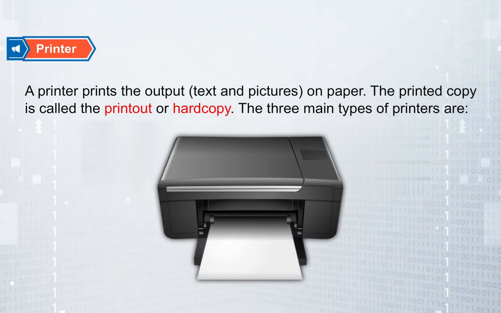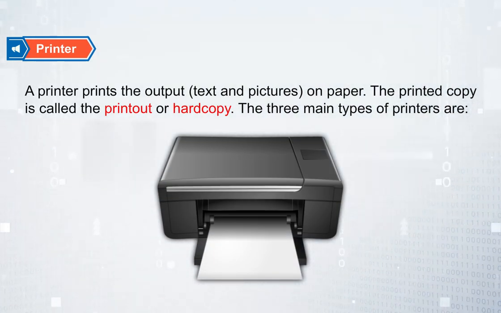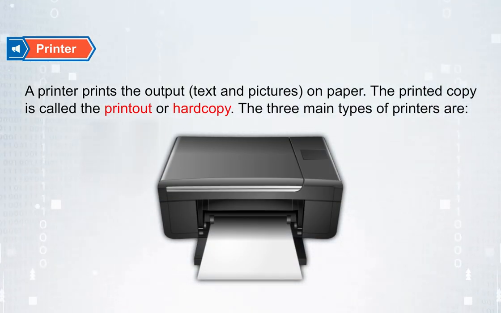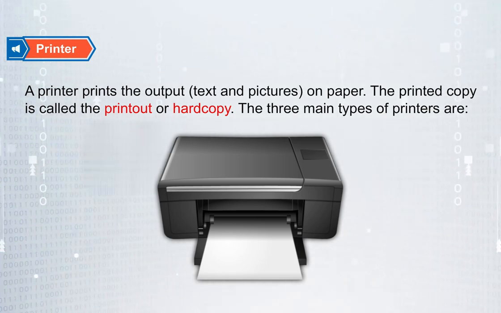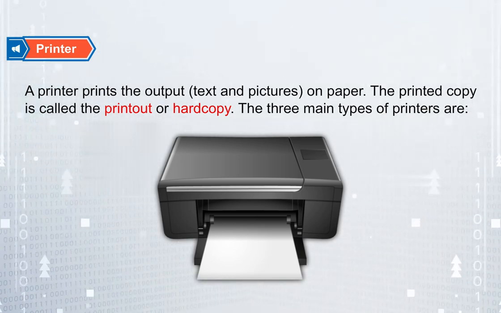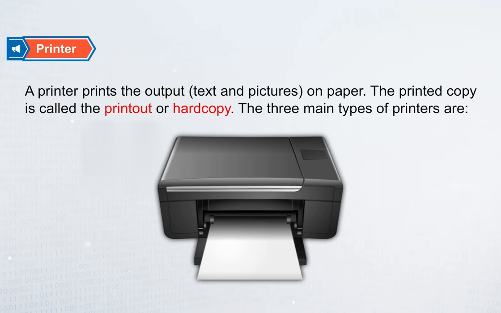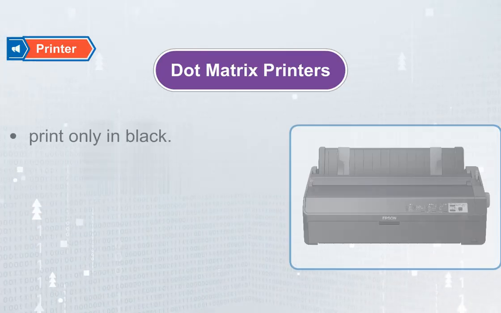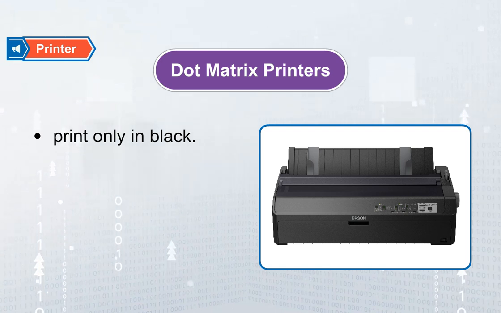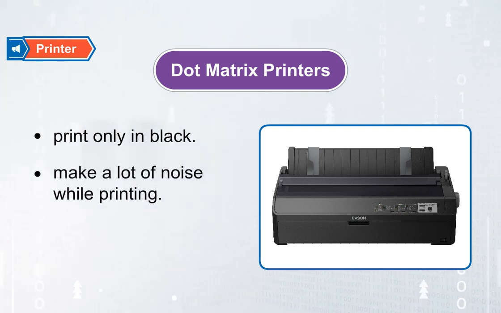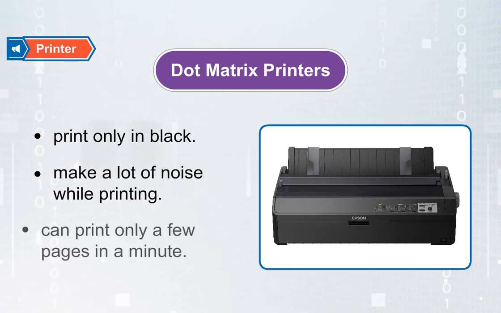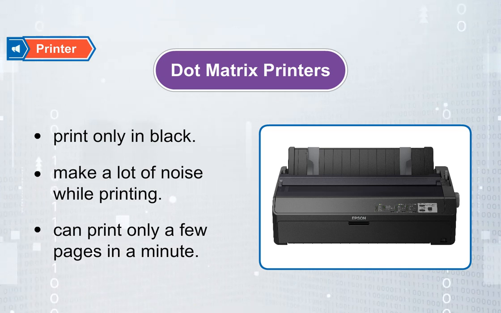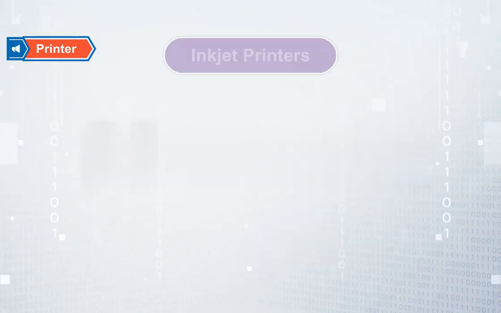Printer. A printer prints the output, text and pictures on paper. The printed copy is called the printout or hard copy. The three main types of printers are dot matrix printers, print only in black, make a lot of noise while printing, can print only a few pages in a minute.